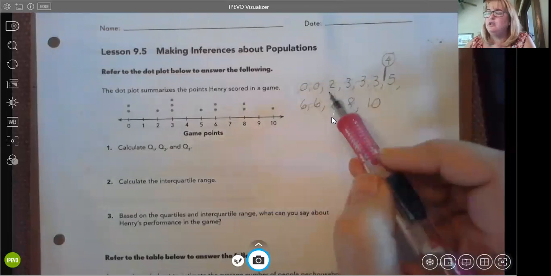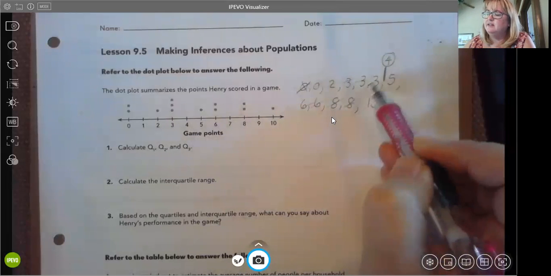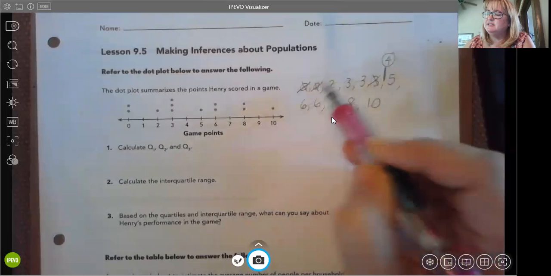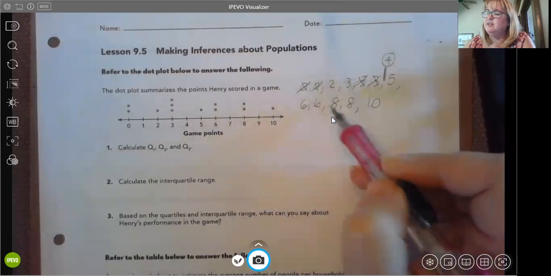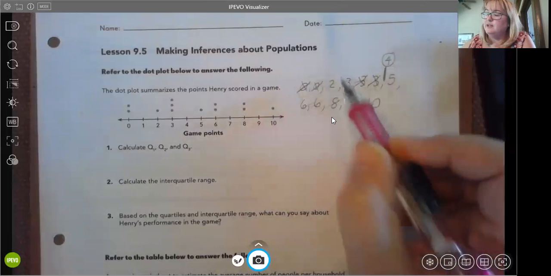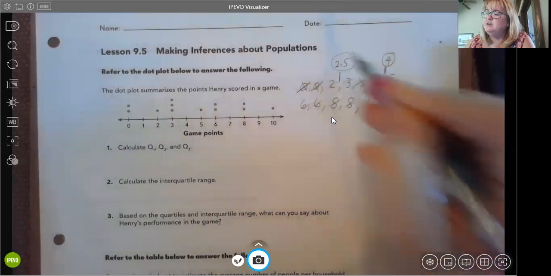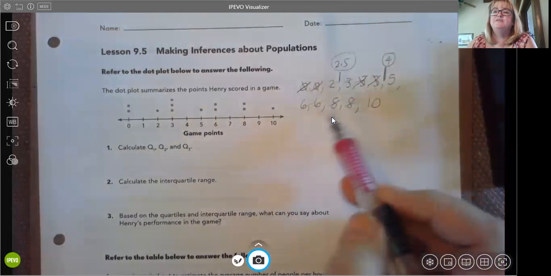Let's go ahead and figure out Q1. So I'm going to mark out the smallest and largest, smallest and largest. And then I have 2 left here. What's between 2 and 3? Well, 2.5. So that's Q1. Now let's do the same thing for the upper half.